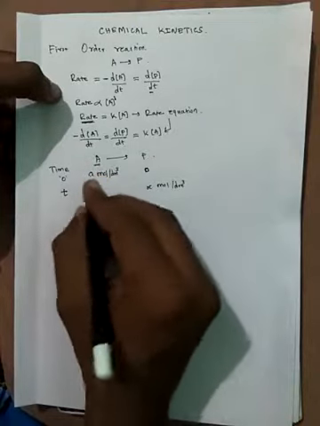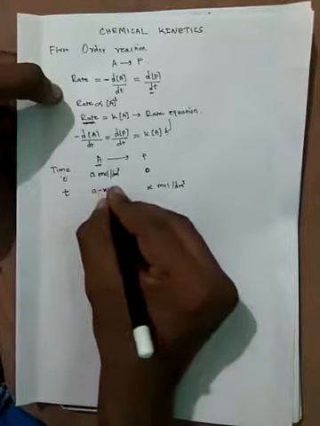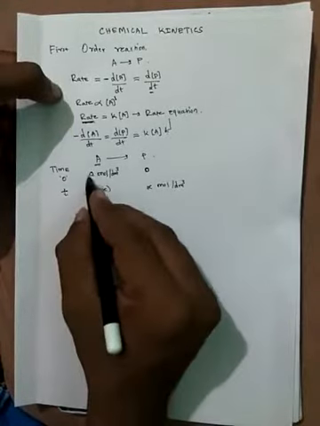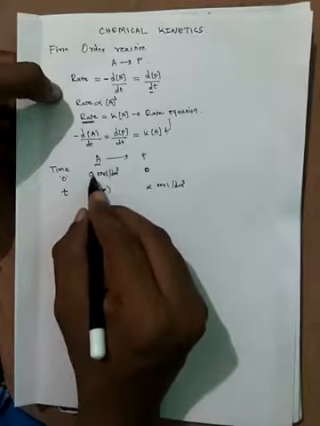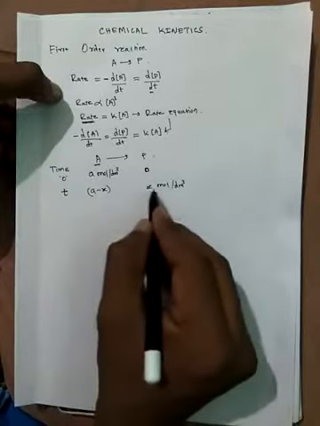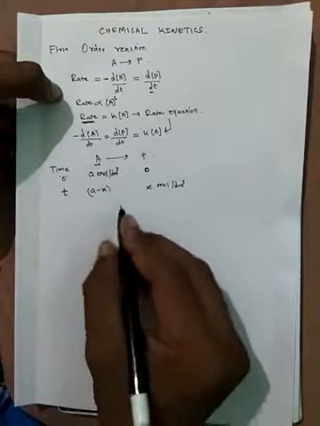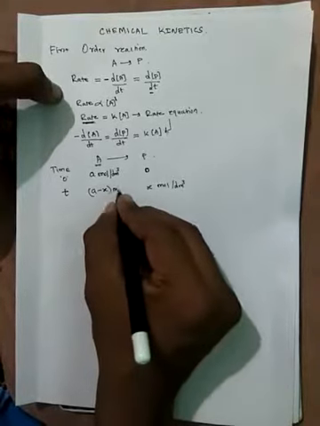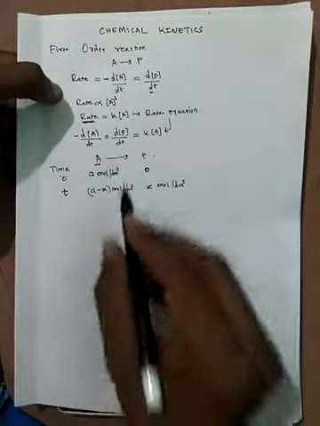The unreacted reactant will be A minus X, because A is my initial concentration of reactant. From this A mole per decimeter cube, X mole has reacted, so A minus X mole per decimeter cube remains unreacted. Right? So now we substitute here.